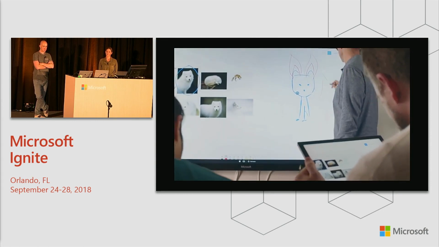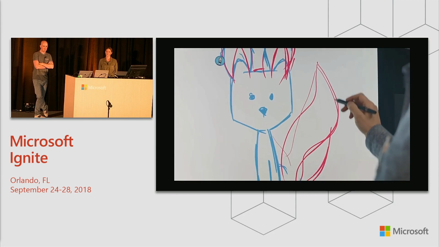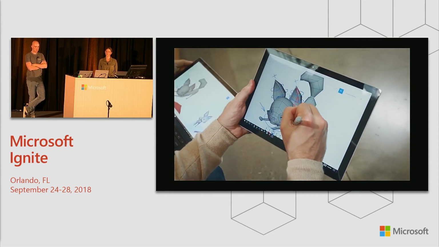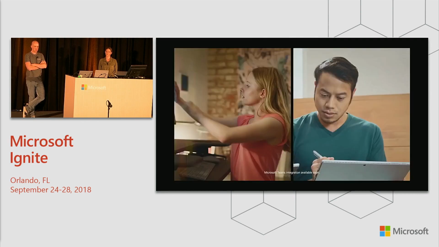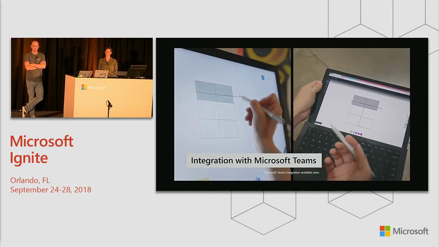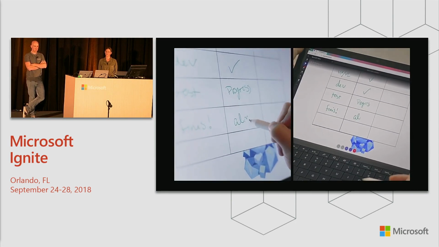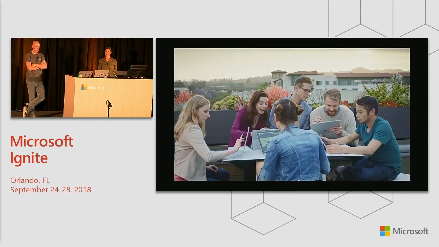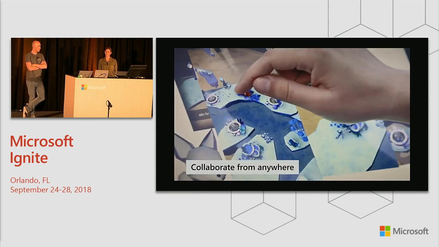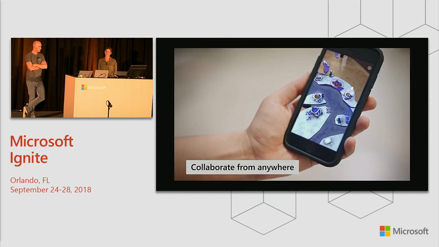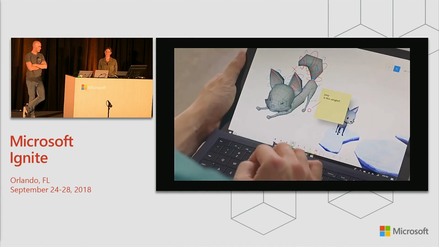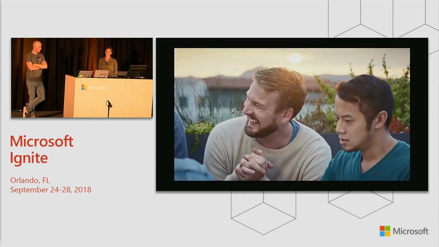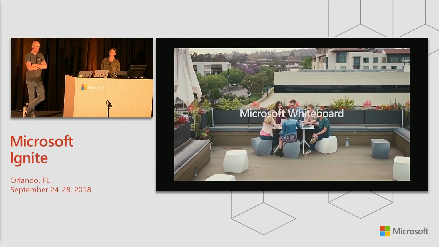And take your team's creativity to new heights. Collaborating on Whiteboard is pretty seamless. It kind of feels like there's a flow or an energy where you're just kind of playing off of somebody else. You draw something, they draw right next to it. It's like this conversation that's happening visually. Whiteboard together in real time from wherever you are. Pick up where someone else left off or start from scratch. When you're done, you're done. Your ideas are safe in the cloud. Welcome to a new way to whiteboard.